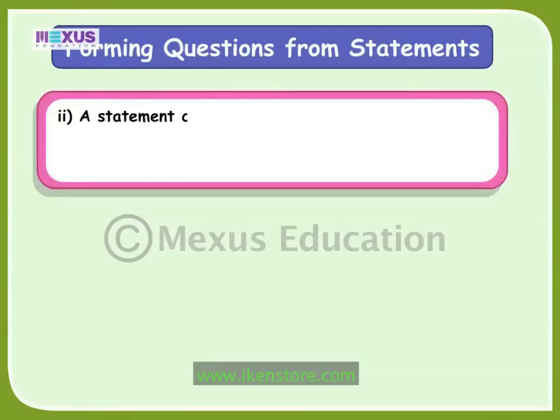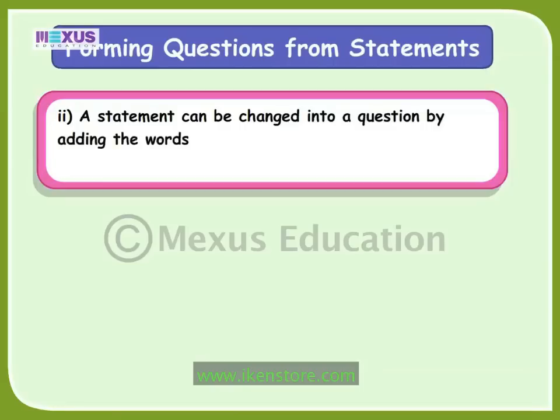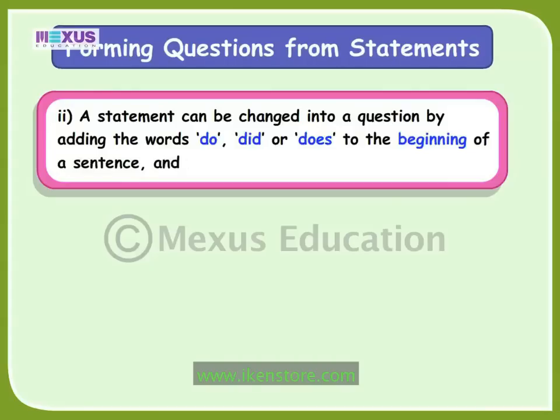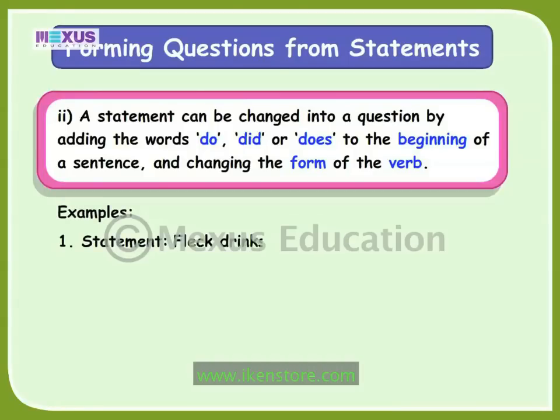A statement can also be changed into a question by adding the words do, did, or does to the beginning of a sentence and changing the form of the verb. For example, Fleck drinks milk every morning.